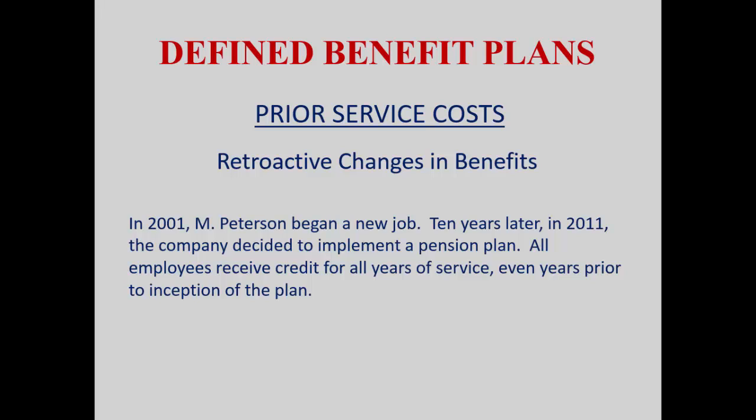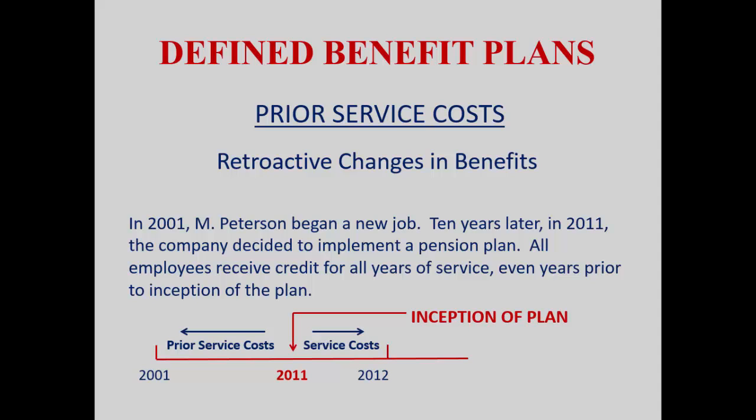So let's say in 2001, M. Peterson began a new job. 10 years later, in 2011, the company then decided to implement a pension plan because they'd grown. They had the retained earnings where they could offer this. All employees are to receive credit for all years of service, even years prior to inception of the plan.